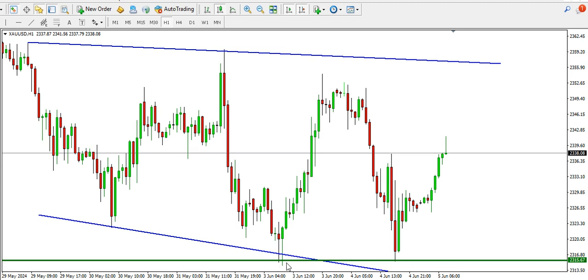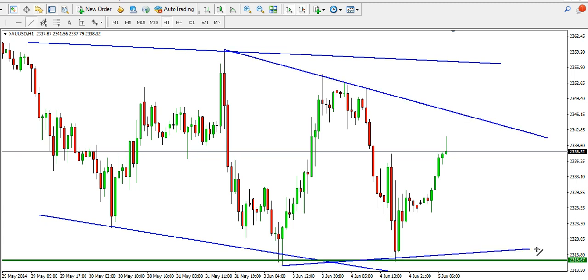So this is a higher low, lower high, higher low. So whatever happens, we might see the development of a triangle playing out. But whatever happens, we expect a breakout somewhere for price to find direction. But for now, price is ranging on the 1-hour time frame.